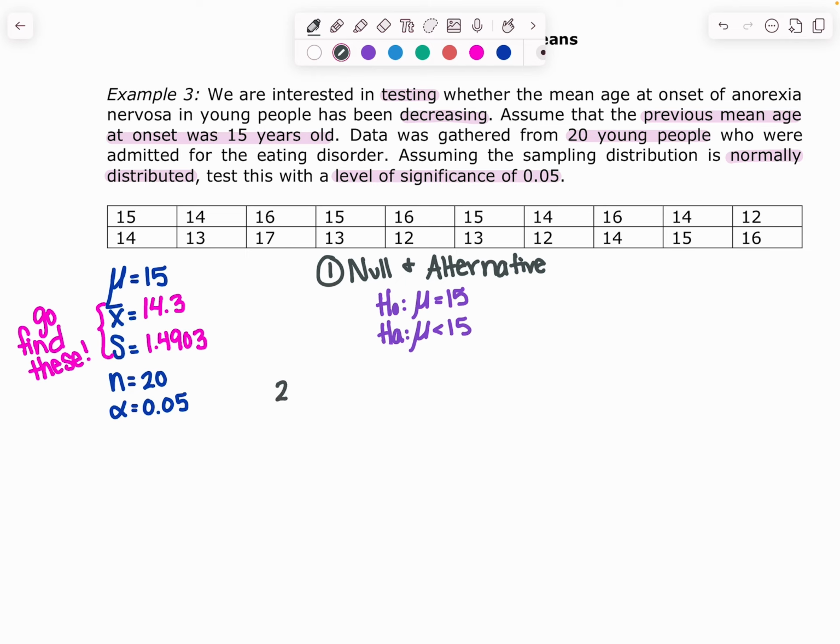So step 2 is to calculate our test statistic.